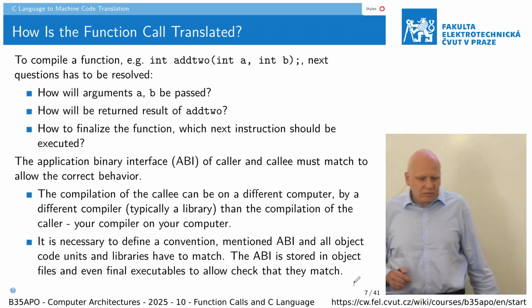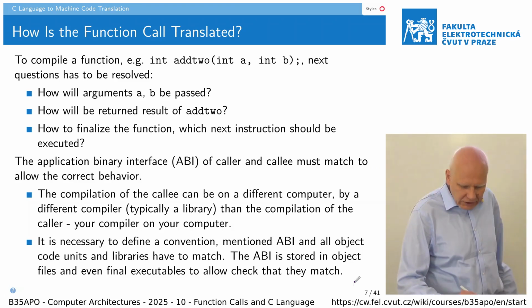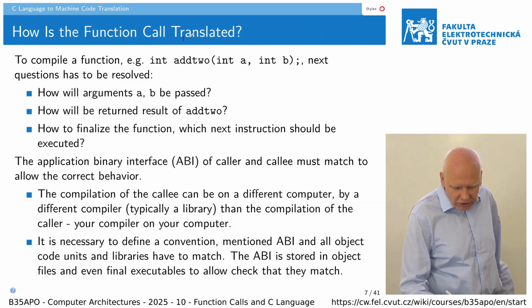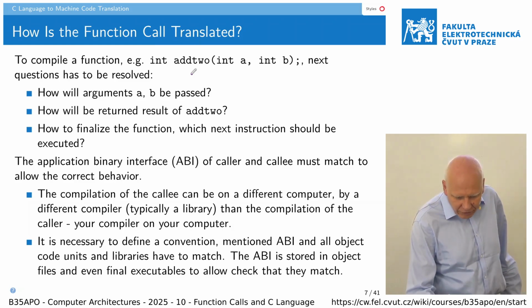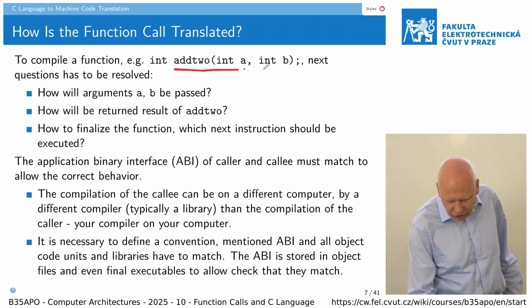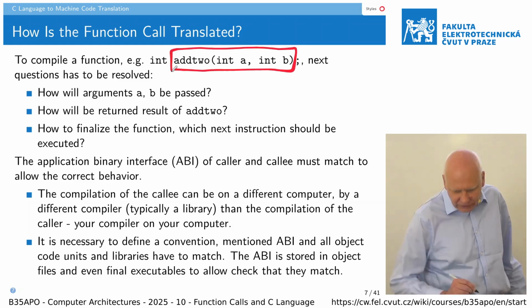So, if we look at how a function call is translated in C, then we have there some simple function to add two numbers.